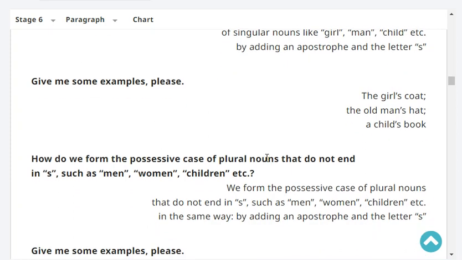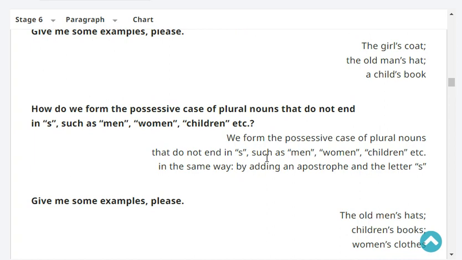How do we form the possessive case of plural nouns that do not end in S, such as men, women, children, etc.? We form the possessive case of plural nouns that do not end in S, such as men, women, children, etc., in the same way by adding an apostrophe and the letter S. Give me some examples, please.